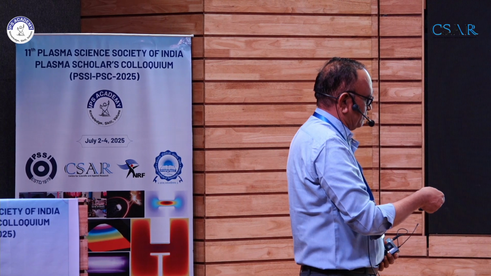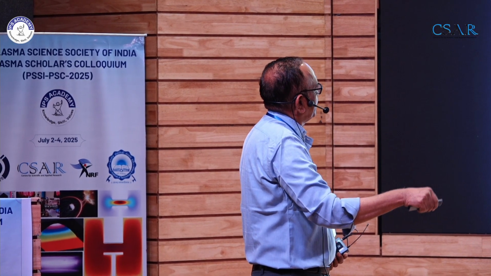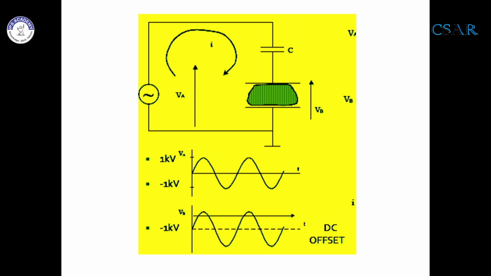This is the bias level. Now when you superimpose your RF, most of the time it is negative, and only a small fraction of the time it is positive. It can be shown mathematically, if you want to do this calculation, that more than 99% of the time the cathode is negative, and that is how you get continuous negative bias onto the substrate and associated sputtering.